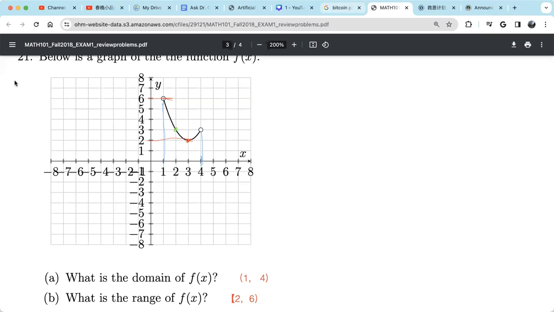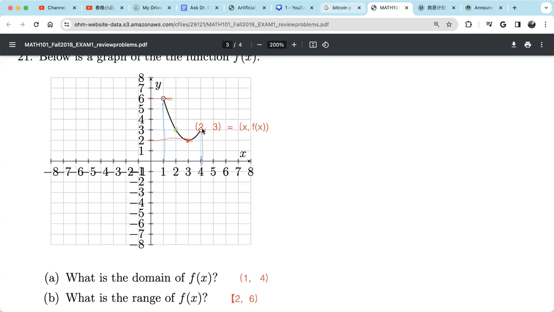So we see this point is (2, 3). x equals 2, and f of x equals 3. f of x is a y value. So f of 2 is 3. And then, oh, hold on a second, that's a 4.